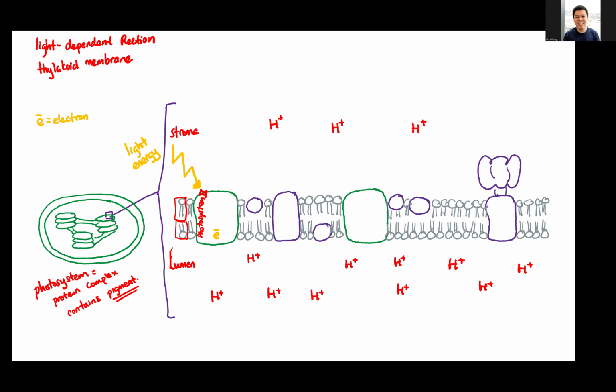Electrons will get excited because of pigments. So I'm going to draw an arrow pointing out saying that the electrons has been excited. And I'm going to draw this bright line around here to represent an excited electron.